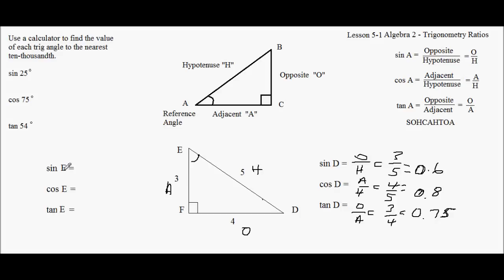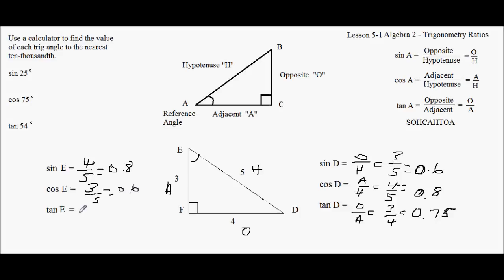The sine of E is 4 over 5, which is the same as the cosine of D. That's why they say the cosine of D is the complement, the sine of E. Although nobody ever uses it, don't worry about it. That's 0.8. The cosine of E is 3 over 5, which is the same as the sine of D, so 0.6.